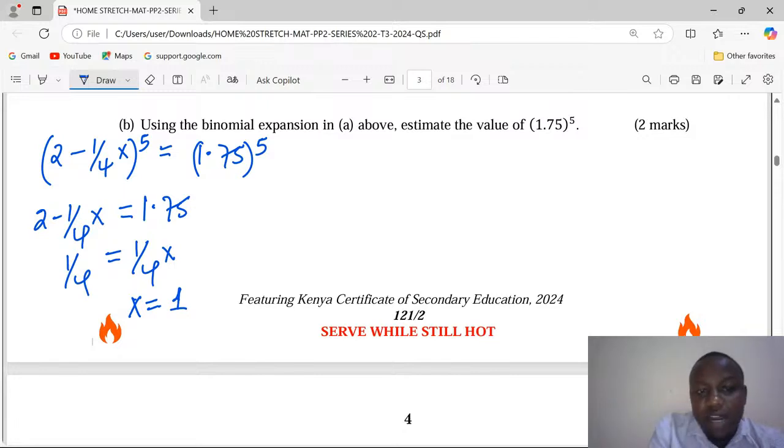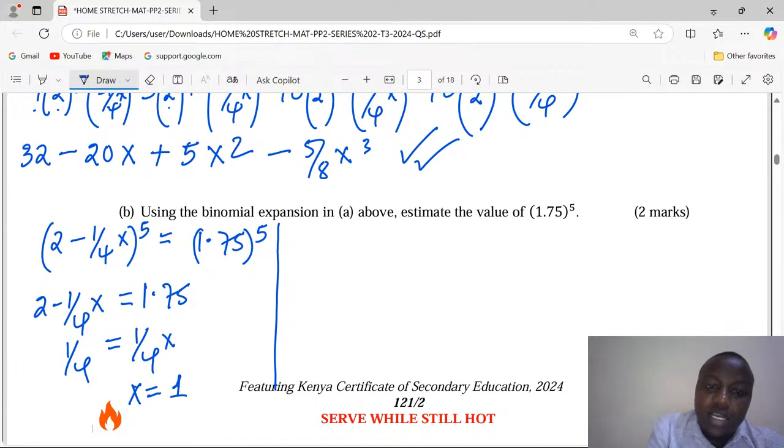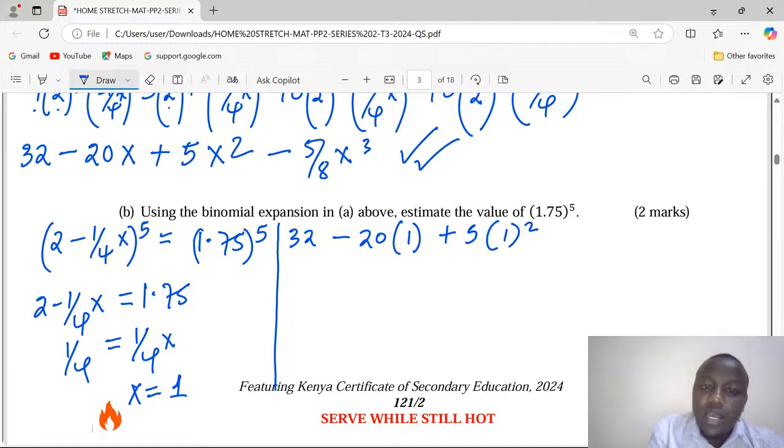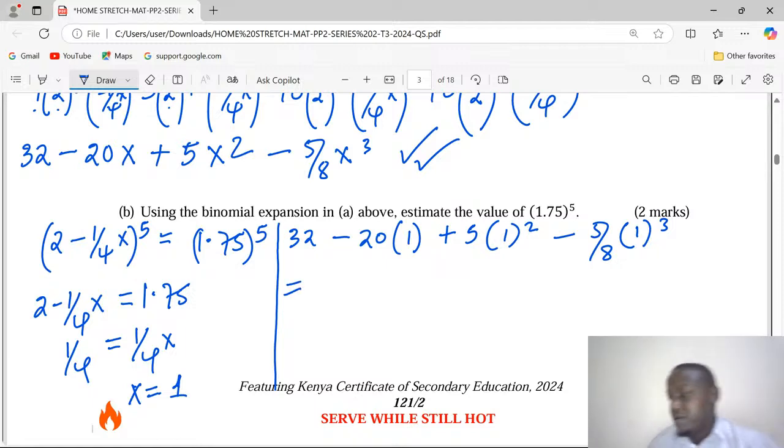When the value of x is 1, then now we can substitute it in our expansion, such that we have 32 minus 20 into 1 plus 5 into 1 squared minus 5 out of 8 into 1 power 3. So when you key this into the calculator, you'll be getting 16 and 3 out of 8.